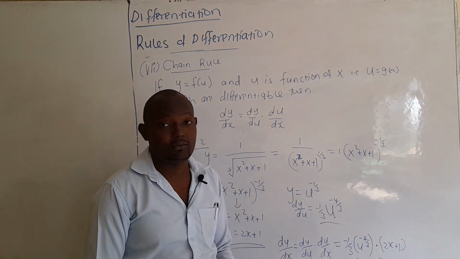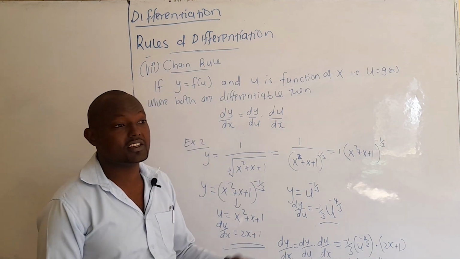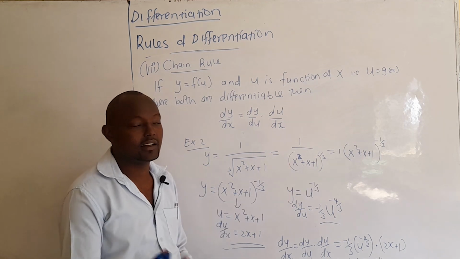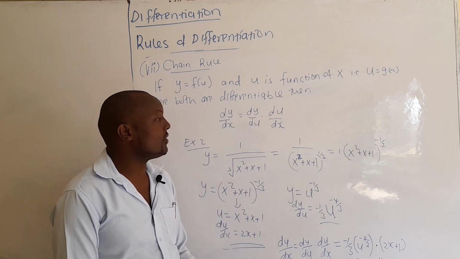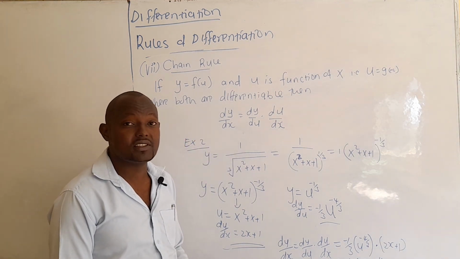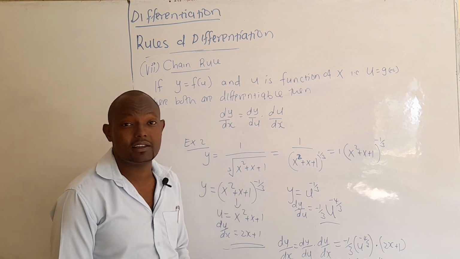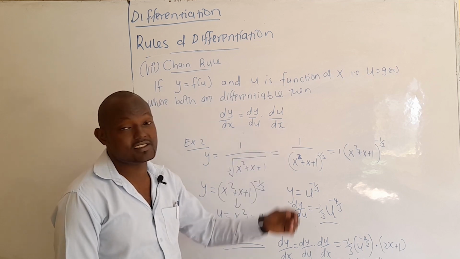We looked at sum rule and difference rule. Then we looked at product rule, where the order doesn't matter: you treat one as constant, differentiate the other one, then you add the other one. With that, we looked at the quotient rule, where the order matters: you start by differentiating the numerator before you differentiate the denominator, and the sign there is negative.